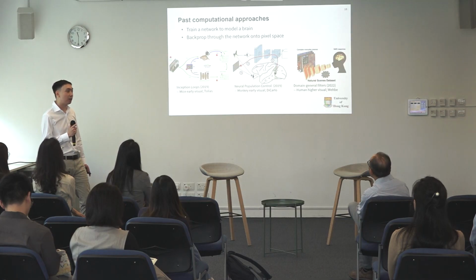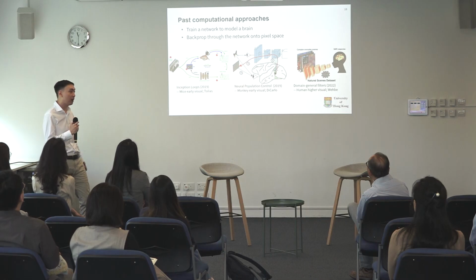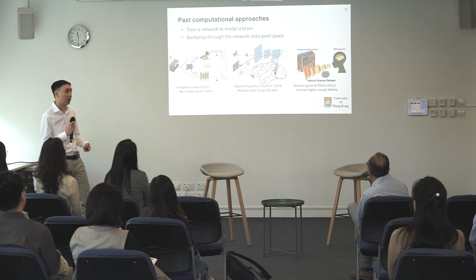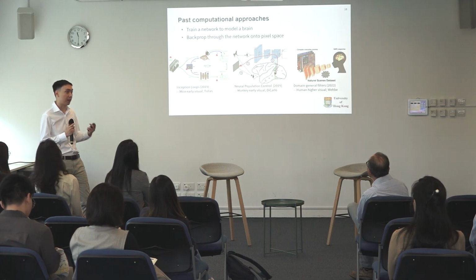But of course, people have also tried to use computational approaches to look at human and animal perception. For example, the work from UT Austin, Tolias's work, MIT's DiCarlo's work, Carnegie Mellon's Leila Wehbe's work. Essentially, these works train a model of human visual cortex, and then they do gradient-based optimization in image space.